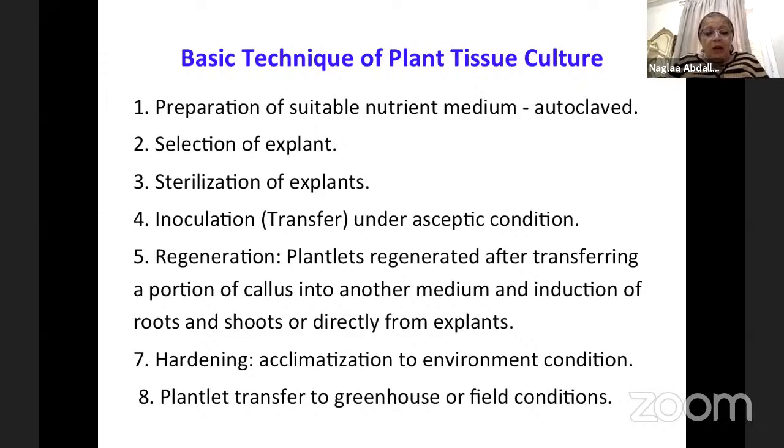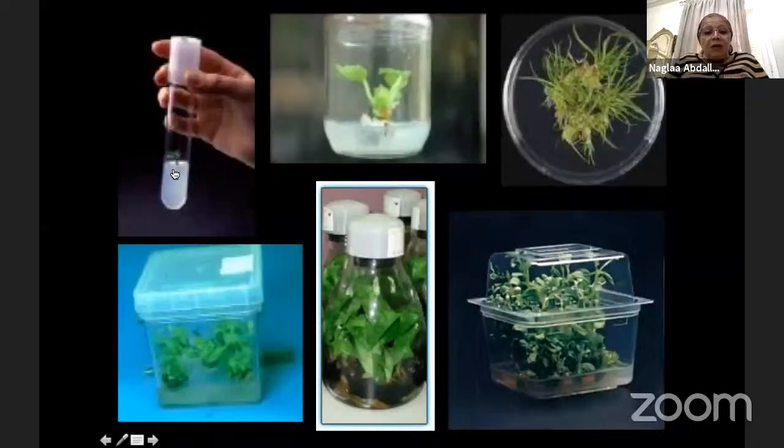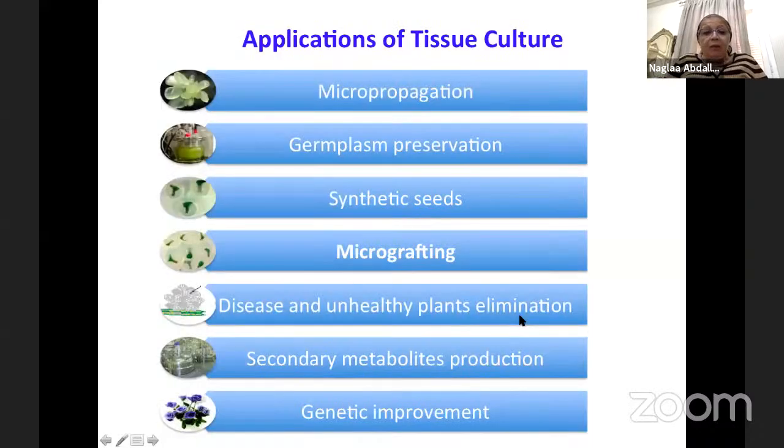We need to harden them under different environmental conditions before we transfer them into the greenhouse. So these are the main steps. We have the explant cultivated, have the shoots and the roots until we have the full plant. This is a very short brief about tissue culture.